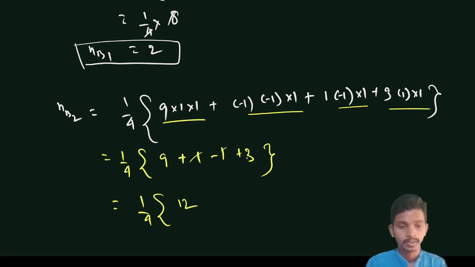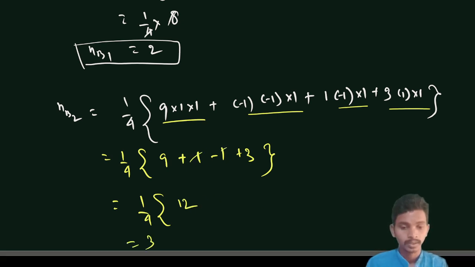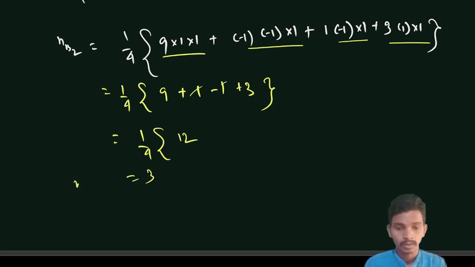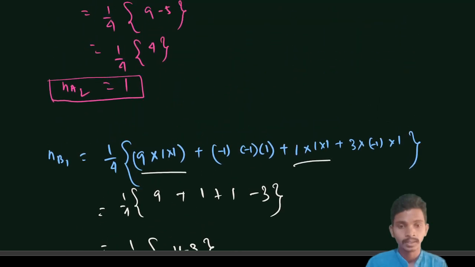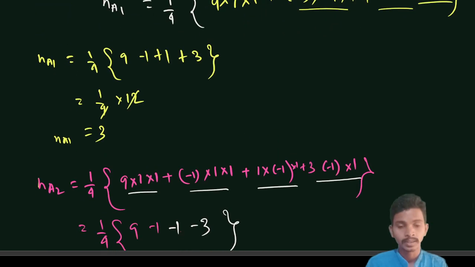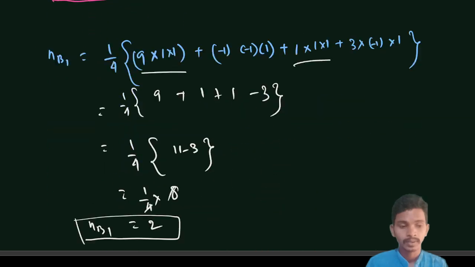This cancels, and 9, 3, 12, and this is 3. So nB2 is 3. So we get that nB1 is 2, this is 3, and this is 1, and this is 3. So we will check whether it is correct or not.